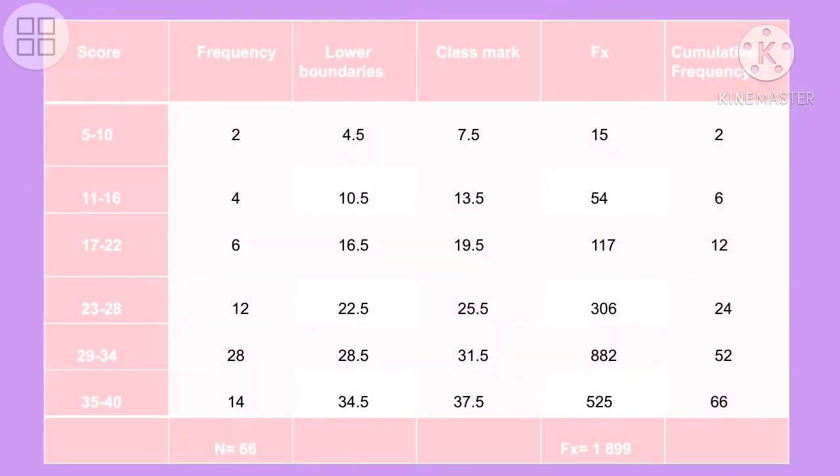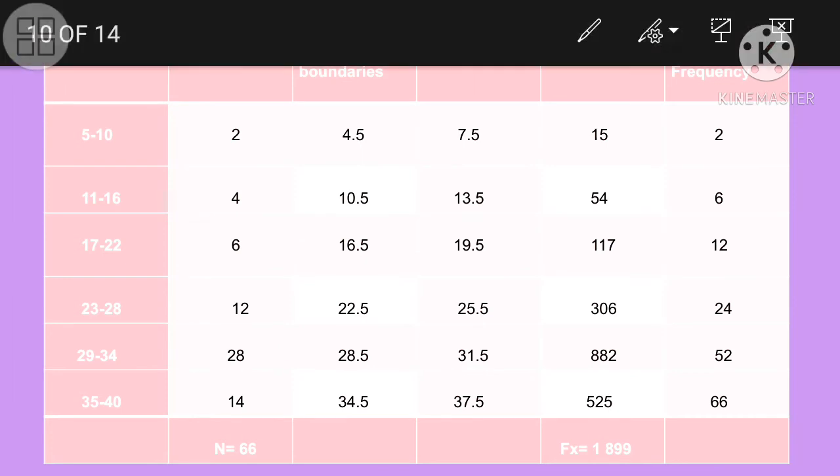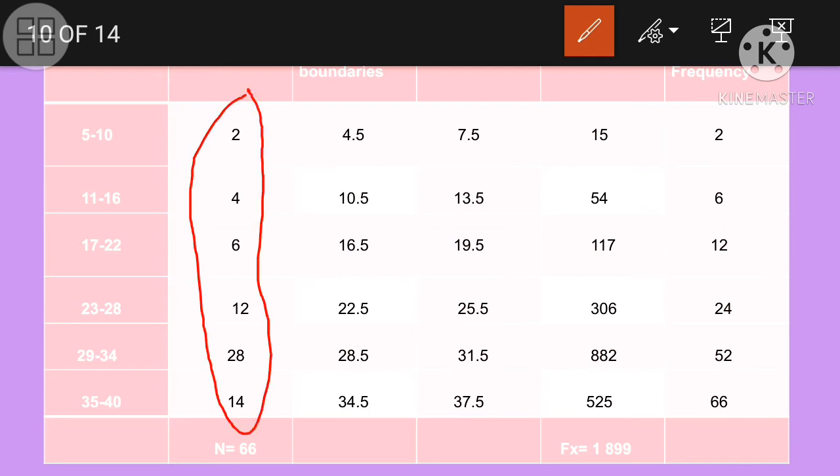Last, we need to compute for cumulative frequency. On computing the cumulative frequency, we need to look for the frequency. First, we just need to copy the first frequency and add it to the second frequency.